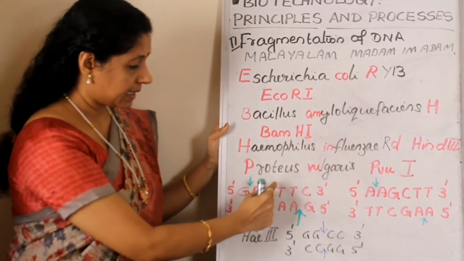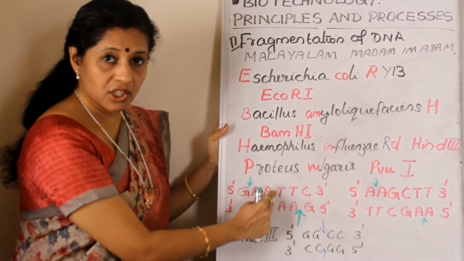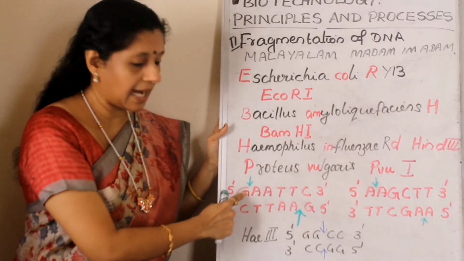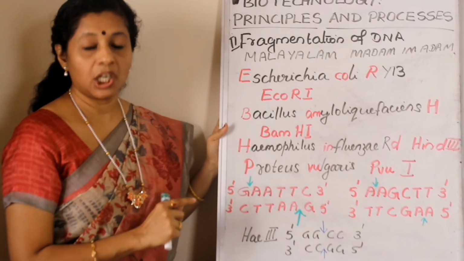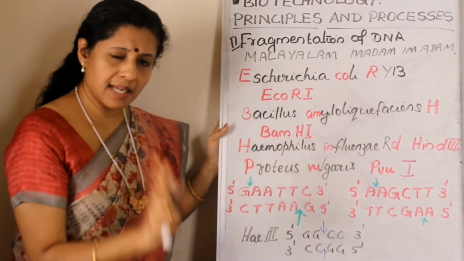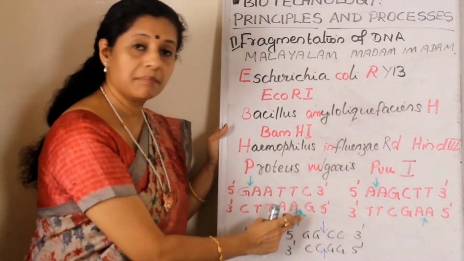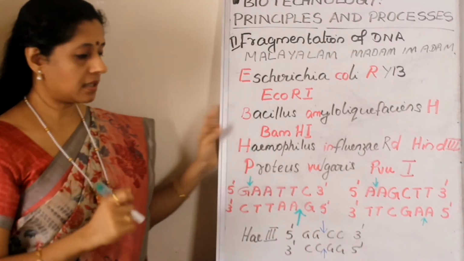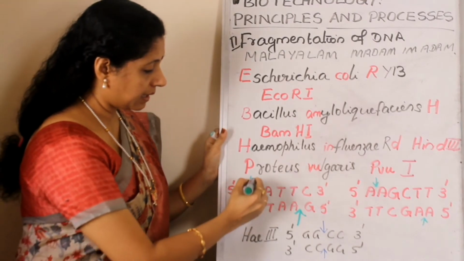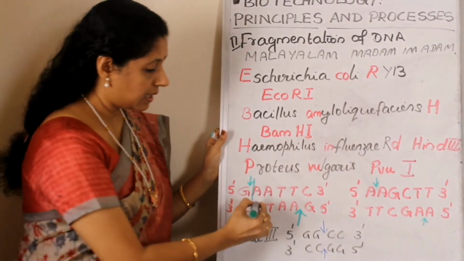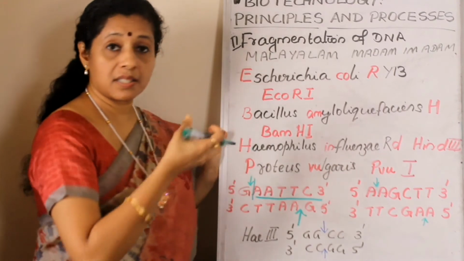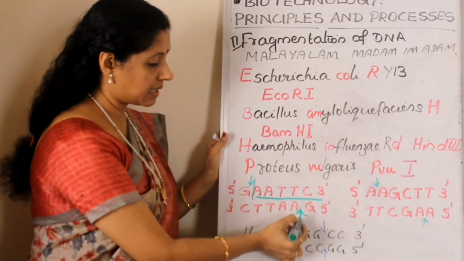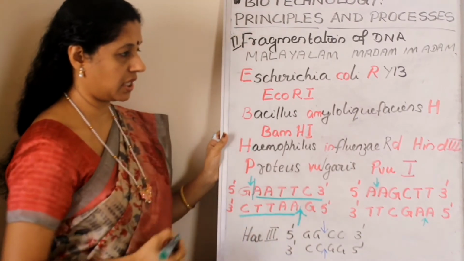So here the center is here, but it's not cutting at the center, it is cutting a little away, between G and A in the first strand. Where will it cut in the second strand? The same side, between G and A. So two cuts are made on both strands. As a result, a staggered end or stretchy end is produced here, and the same way, here this cut is produced, so here it will be a stretchy end.